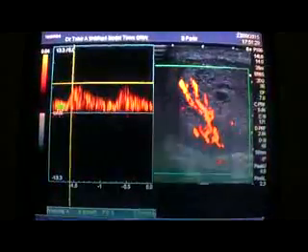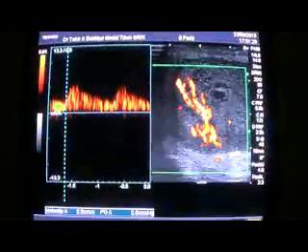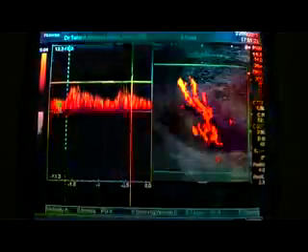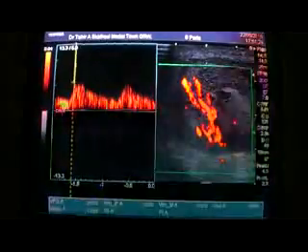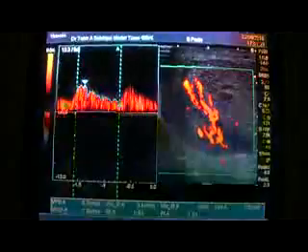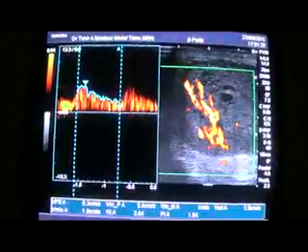The velocity of blood flow in this is approximately 5.7 centimeters per second, whereas the resistive index is 0.64 with a pulsatility index of 1.00.